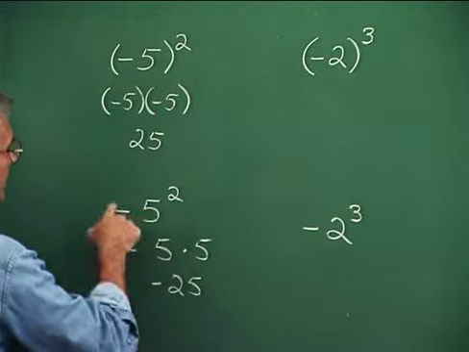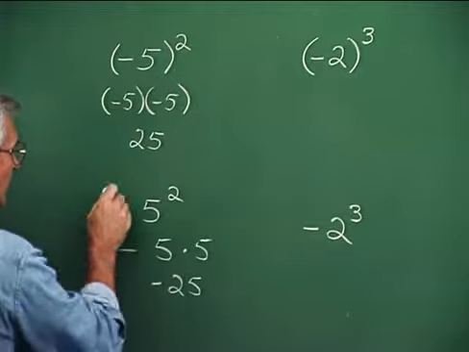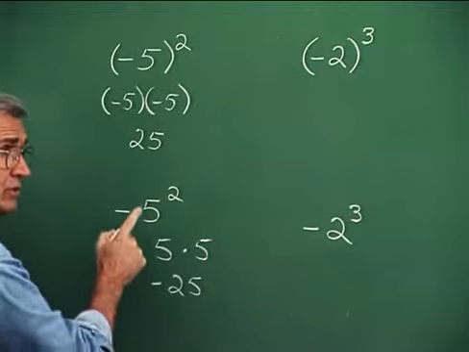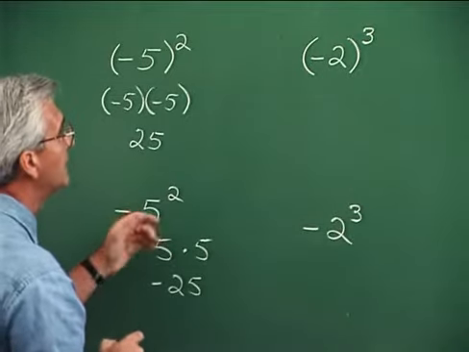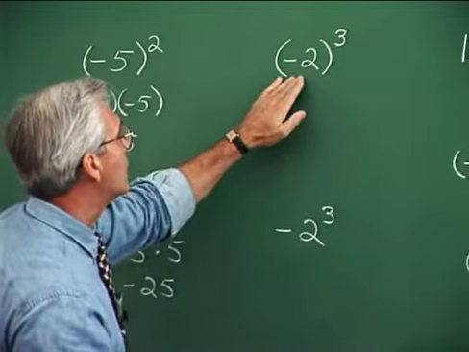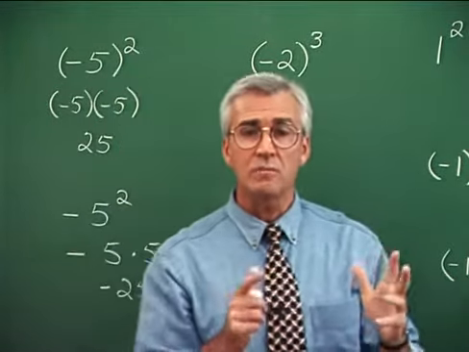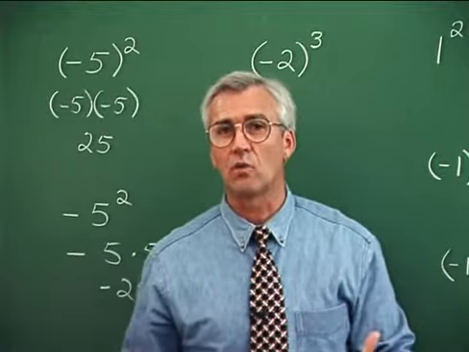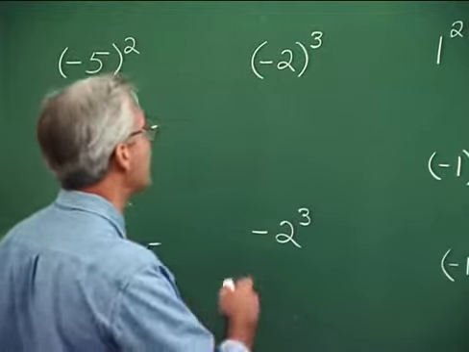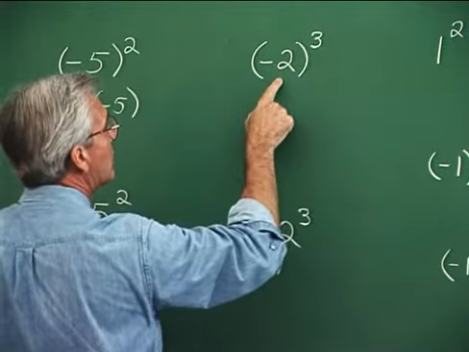If it were intended in this problem that the negative was part of the squaring process, then the parentheses would have been used to enclose that negative sign, or include it with the 5. Here we have negative 2 to the 3rd power. We're going to look at the situation again. Sometimes the situation doesn't make any difference. It comes out in the wash either way, and this is an example of that. Negative 2 cubed means that we have 3 factors of negative 2.